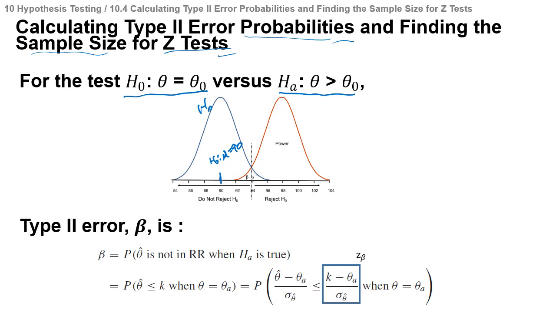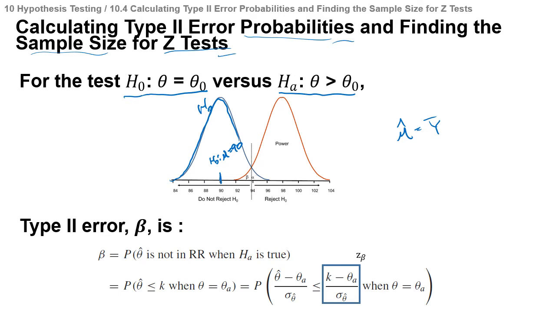Under this null assumption, the distribution of mu hat, which is y bar, would follow a normal distribution like this.